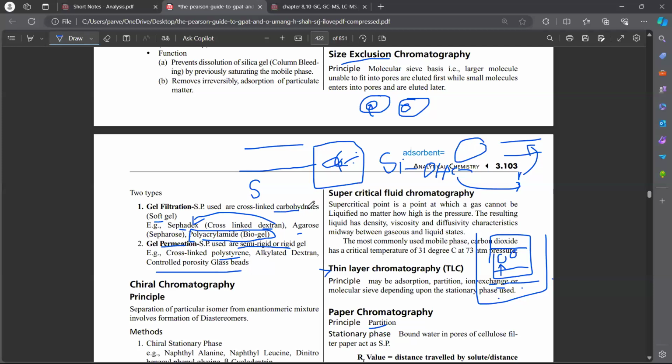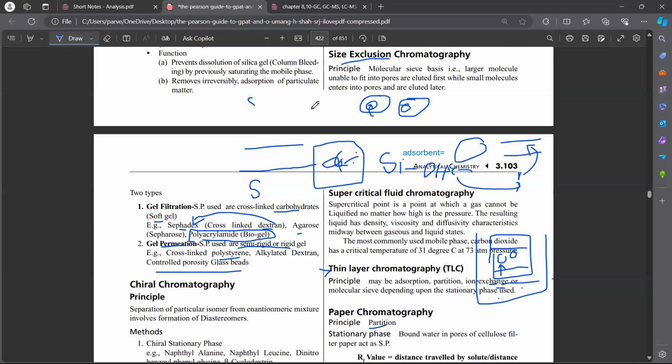So there are different silica gels. What is meant by silica gel G? What does the G indicate? Gypsum. What are the different names of gypsum? It is also known as calcium sulfate, or plaster of Paris.